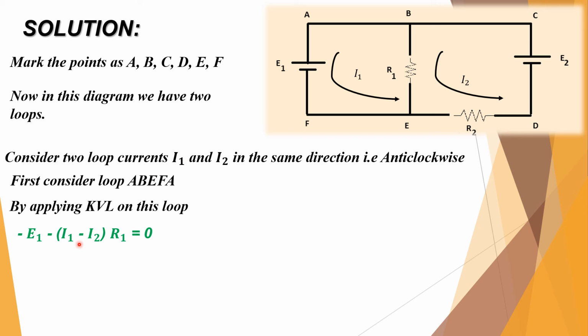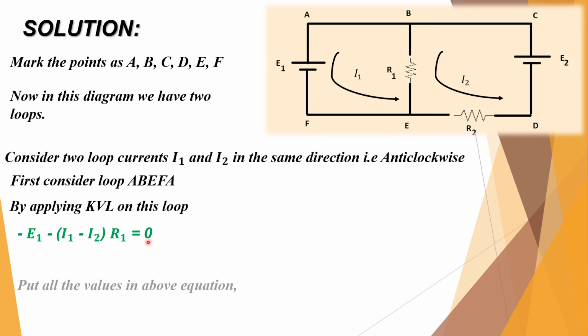There is a potential drop across resistor R1, so that potential drop V1 can be written as minus (I1 minus I2) into R1. We write the negative sign because it is a potential drop, equals 0.